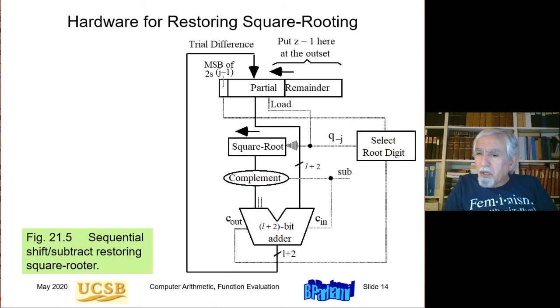So this is a hardware square rooter based on what I just described. It's very similar in terms of the components and their arrangement to a divider. Okay, so this is where we put the radicand at the beginning, and it will hold the partial remainder throughout the process.